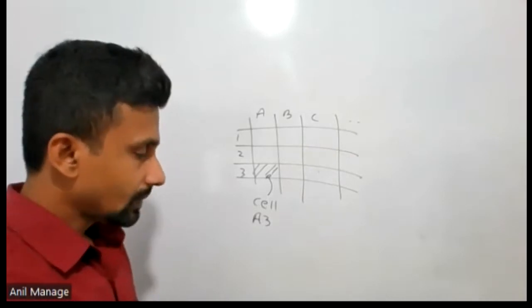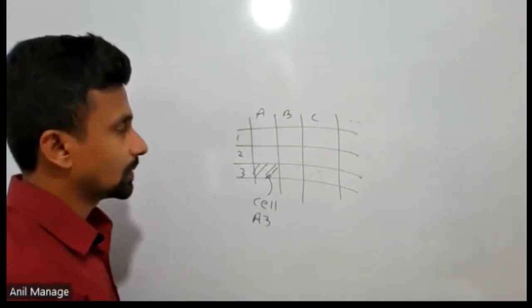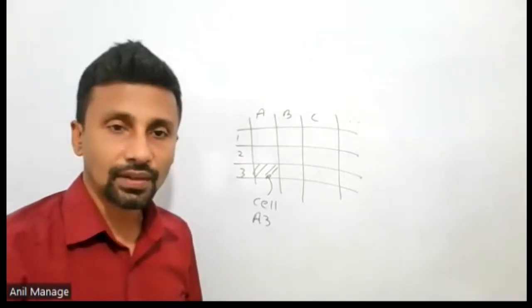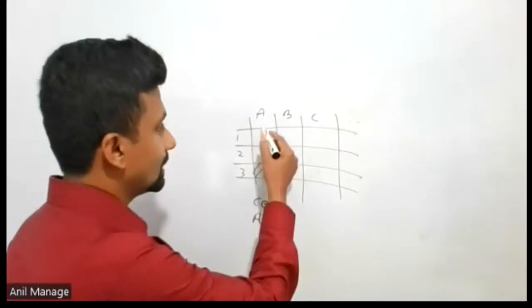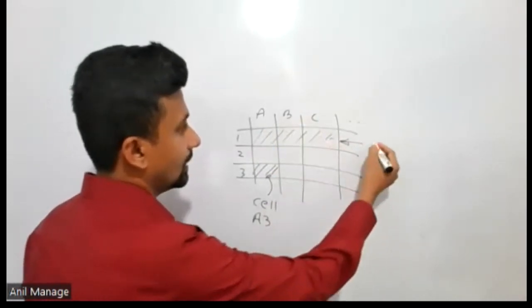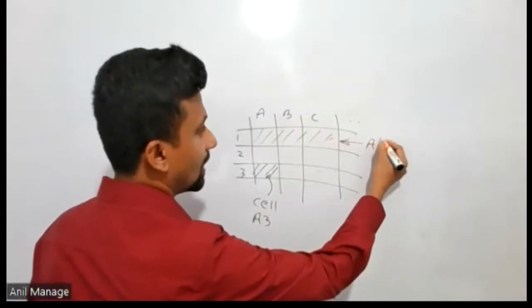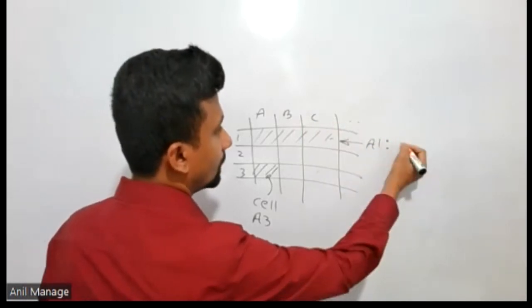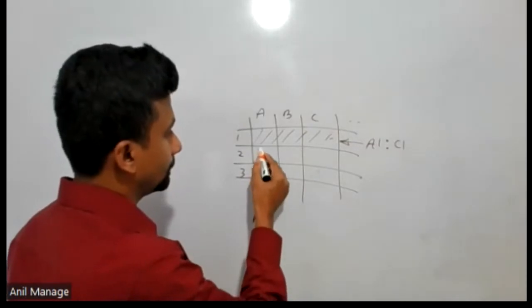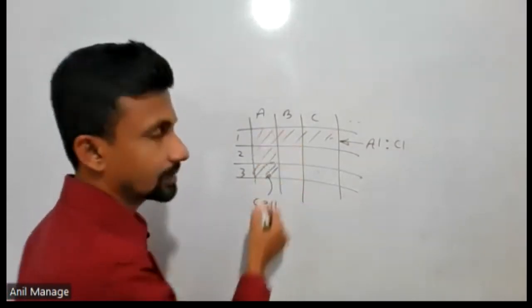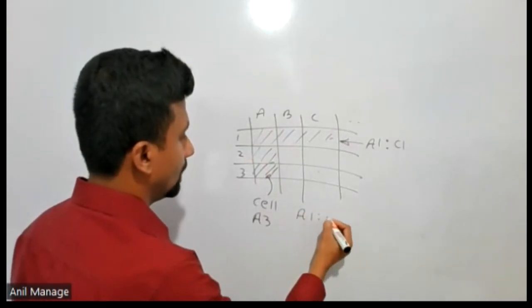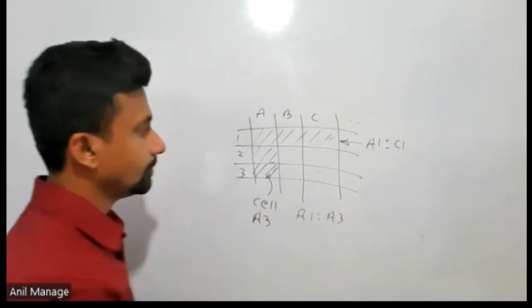So in this spreadsheet, you can select a cell range in different ways. If I select these three cells, I can tell the range A1 colon C1. If I select these three column-wise, the range is A1 colon A3.